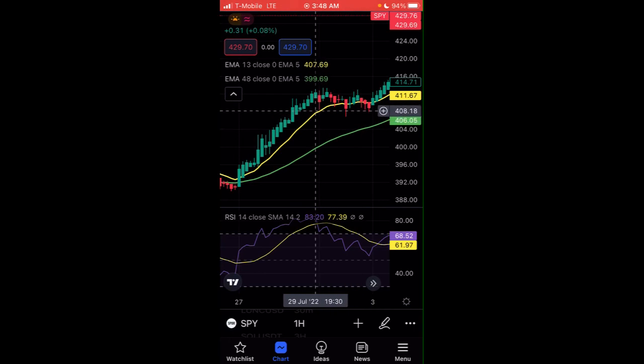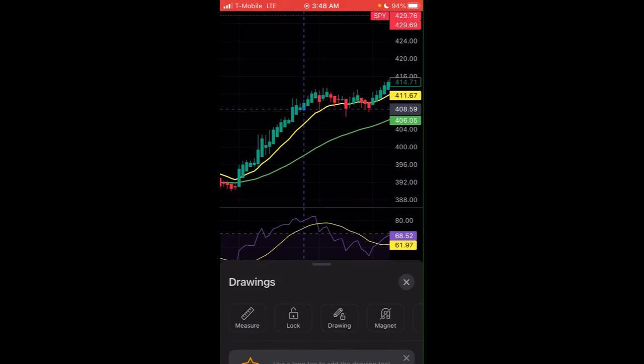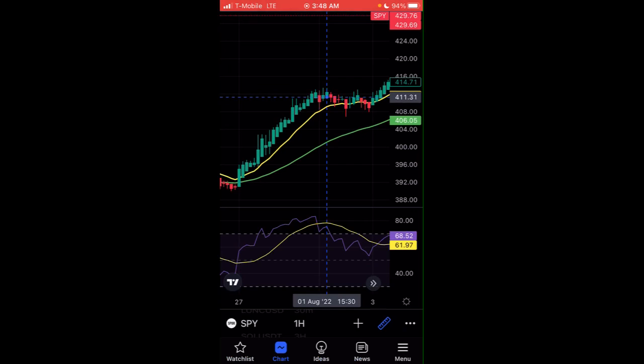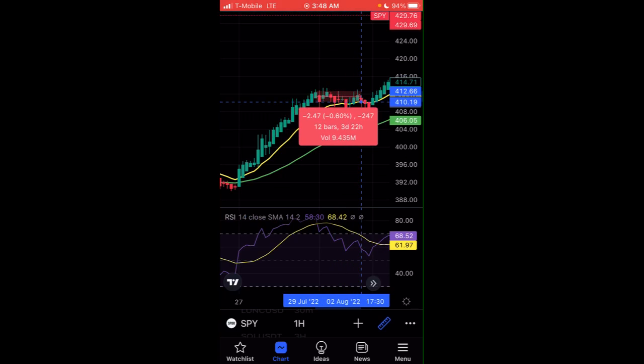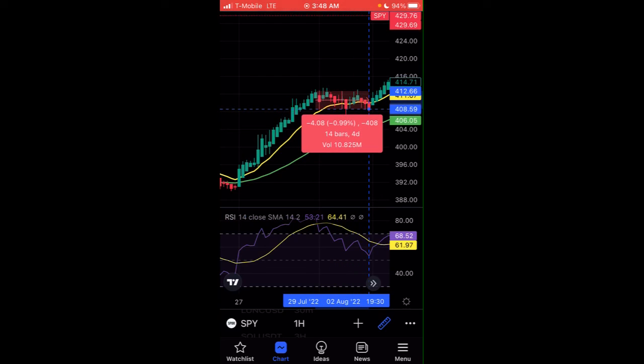You could probably catch this right here. So let's say this very top of the RSI, you put in for a put. You wrote it till right about there. That's another 4 points in the price, so that's about $200 right there.